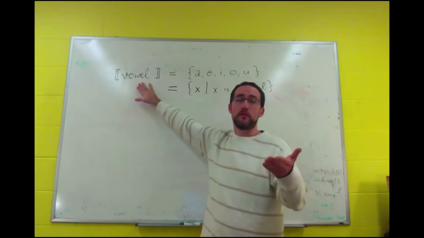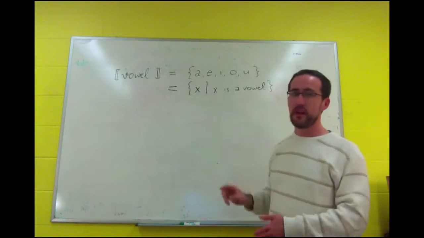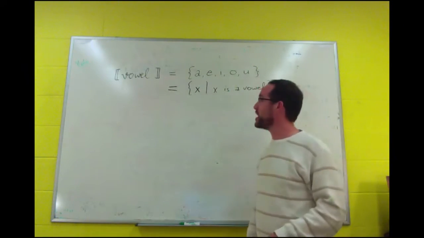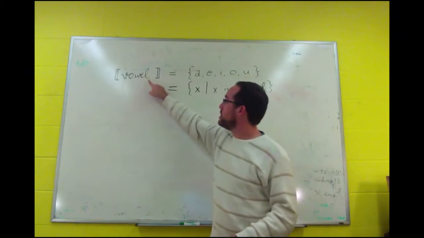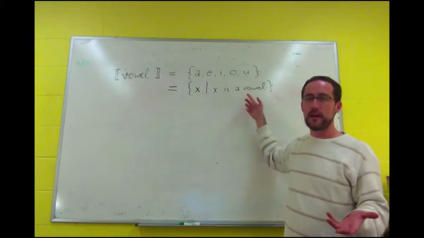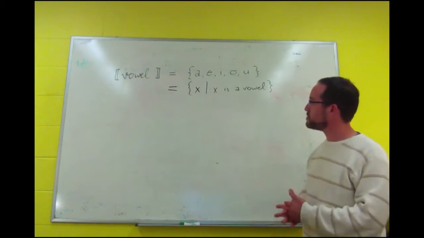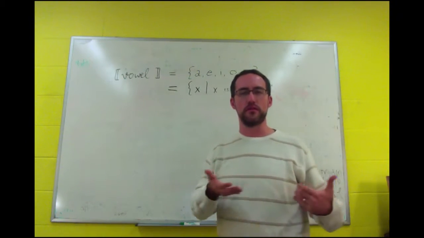Imagine the orthographic vowels of English, and that would be the set A, E, I, O, U. We'll leave out Y because it's only a sometimes vowel, and we don't want part-time vowels. Now, we abstract over that set, we get the set of x such that x is a vowel. So far, so good. How does that correspond to a function?